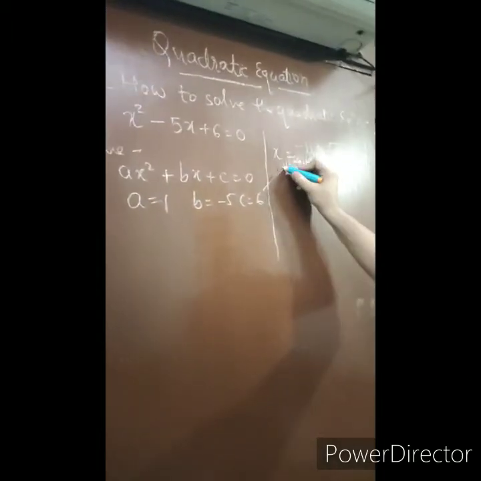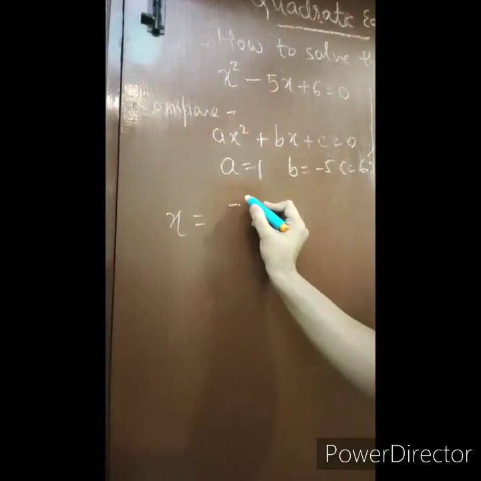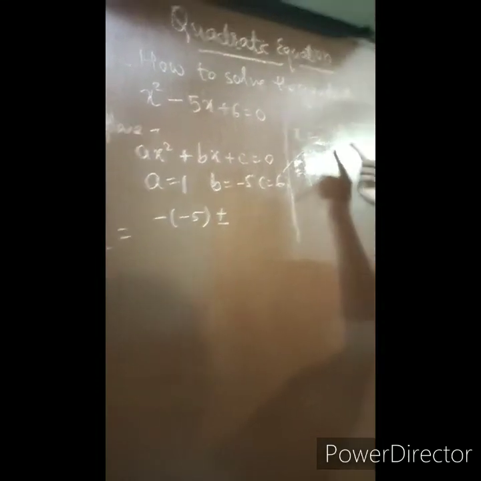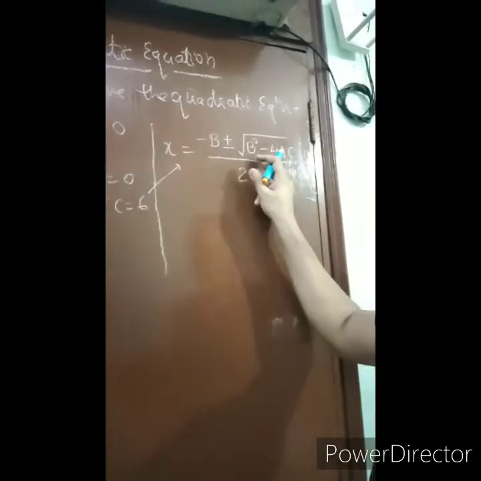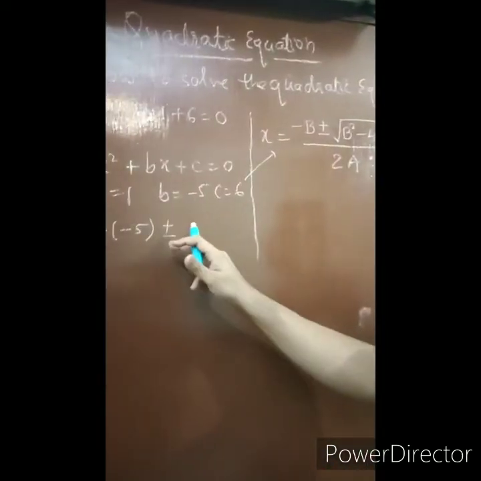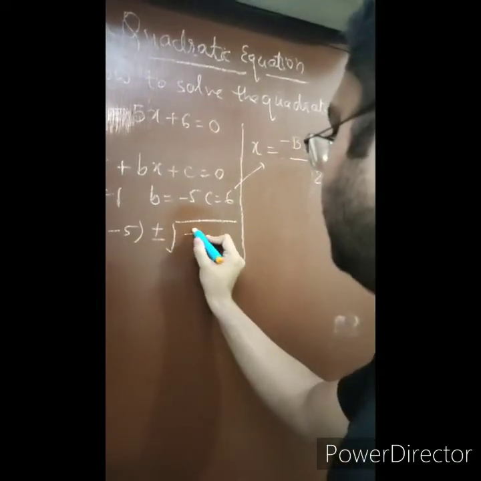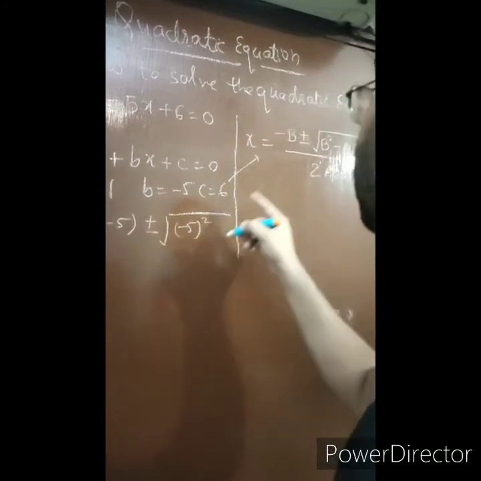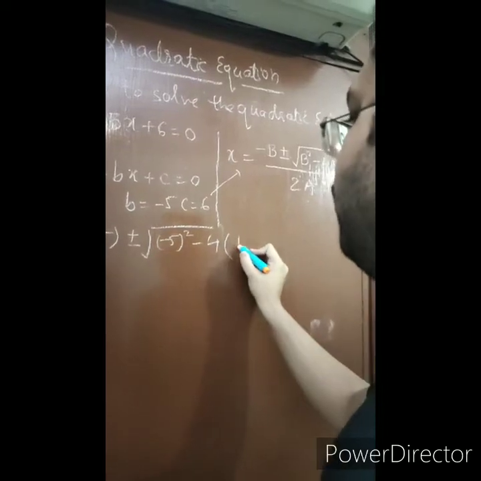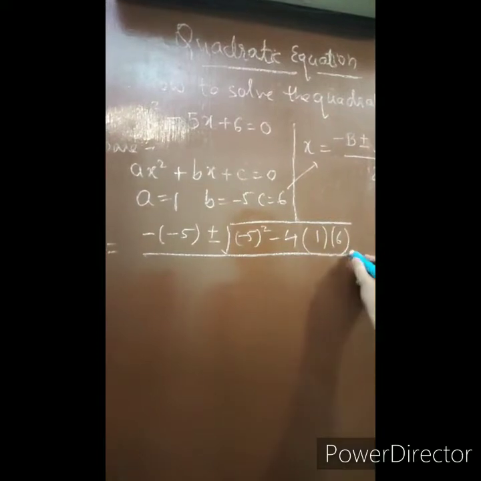Now put the values in the formula. So you will get x equal to minus b, that means minus of minus 5, plus minus. Here the plus minus sign is used because a square root has two values, a positive and a negative. Put the values: minus 5 whole square minus 4, the value of a is 1, c is 6, divided by 2 times a.